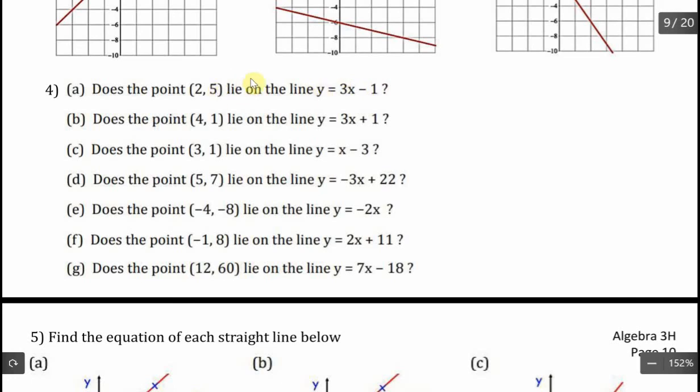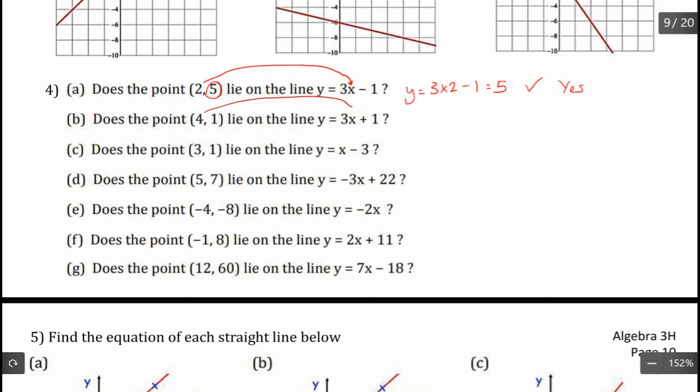So we're going to substitute 2 in place of the x. 3 lots of 2 would be 6, minus 1 would be 5. That's what we've got as our y coordinate output, if you like, and it matches what we had here. So yes, it is on the line. Let's try the next one.